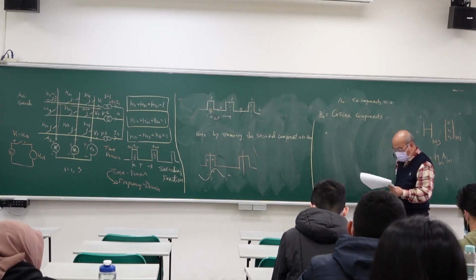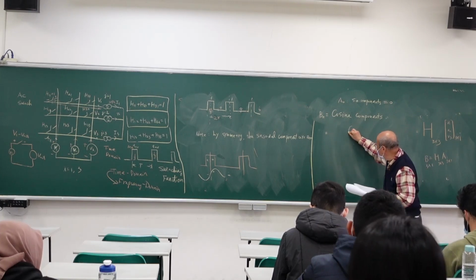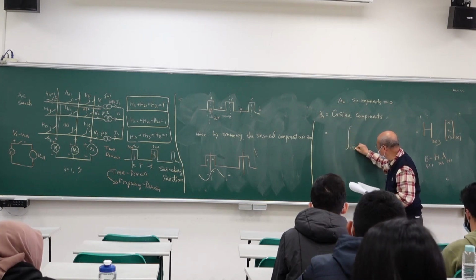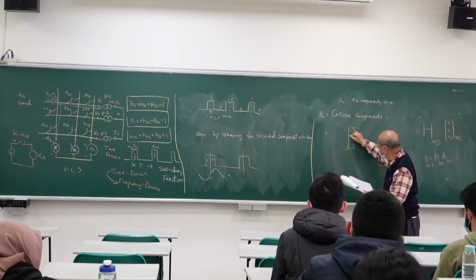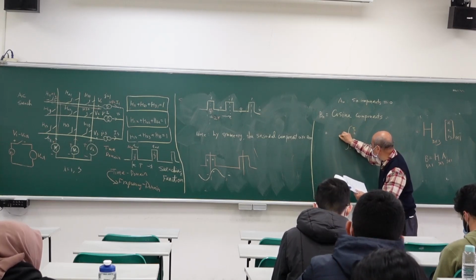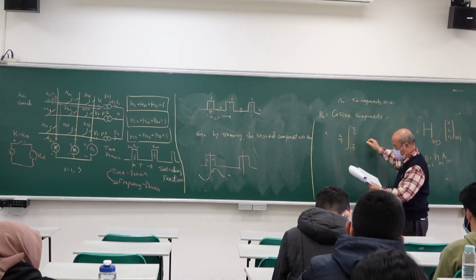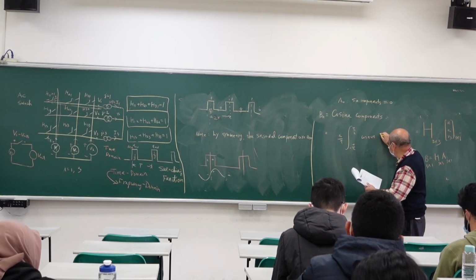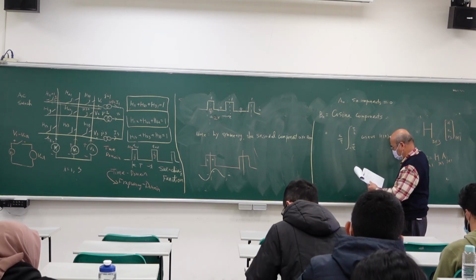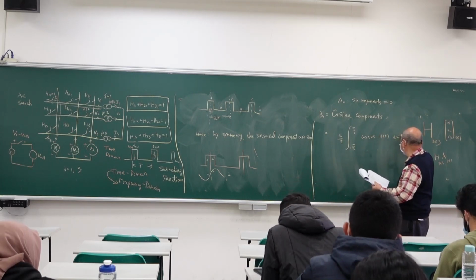Do you remember what the Fourier series is? It is minus T/2 to T/2 of cosine n omega t multiplied by f(t), multiplied by d omega t.